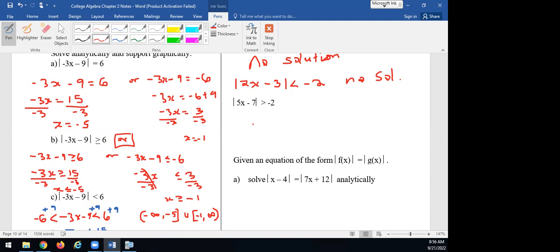It would be the or, so you just put the greater or less than sign to be the same one, but 5x minus 7 is less than 2. Wouldn't it still be negative 2 is greater than? Look at it carefully and see what they're saying. There is a solution for this one.